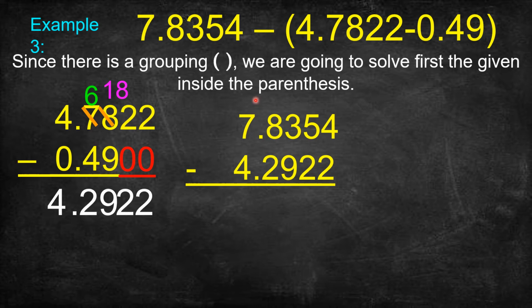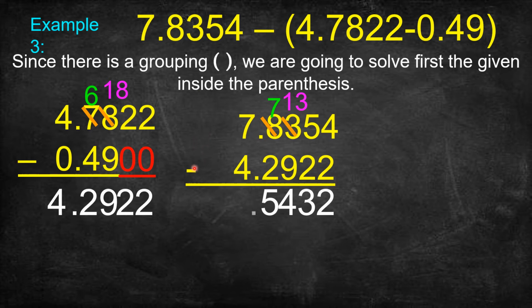So, let's now subtract. 4 minus 2 is equal to 2. 5 minus 2 is 3. 3 minus 9 ay hindi pwede. Kasi po, maliit ulit yung nasa itaas. So, manghihiram ulit tayo dito kay 8. So, 8 will become 7. And 3 will now become 13. So, 13 minus 9 is equal to 4. 7 minus 2 is equal to 5.